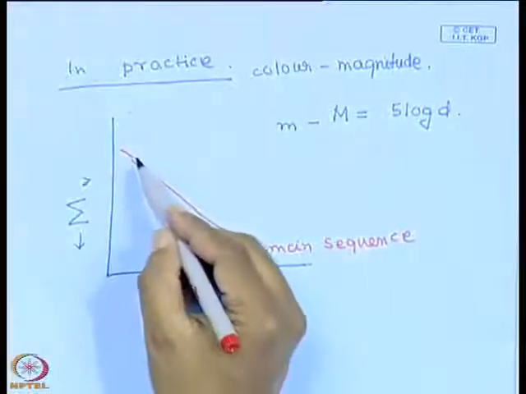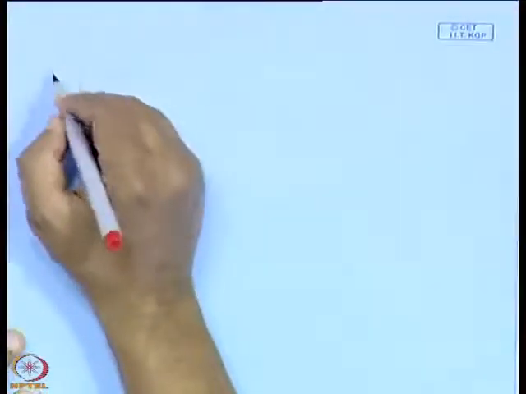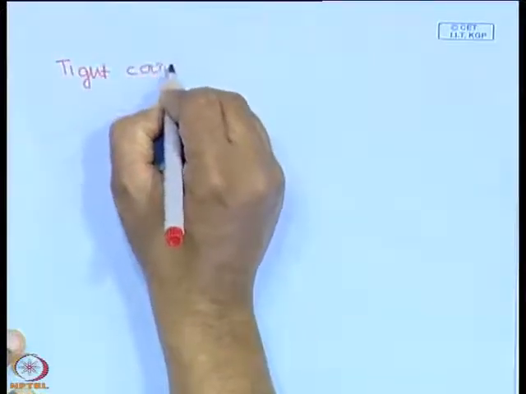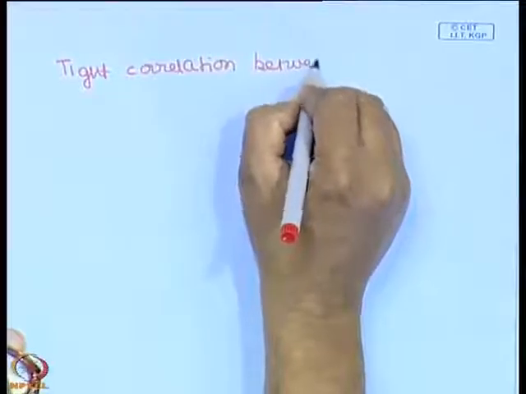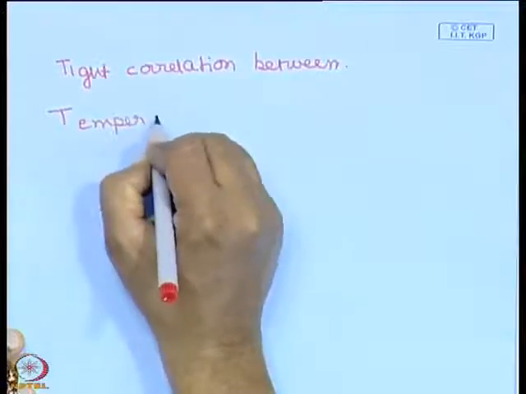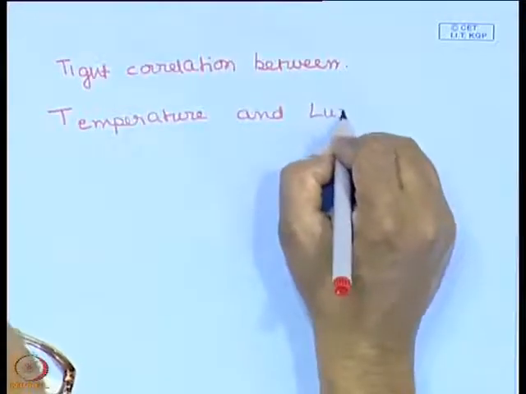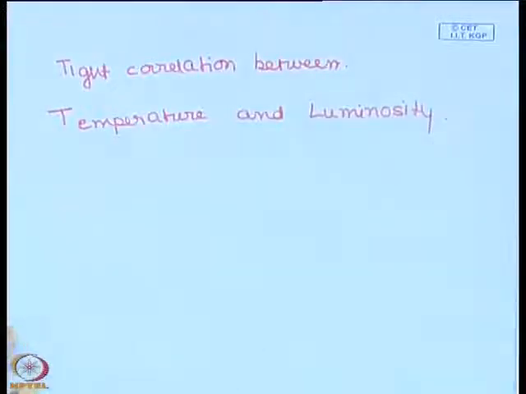Now, later on, what this tells us is that there is a tight correlation between the temperature and luminosity of a star.